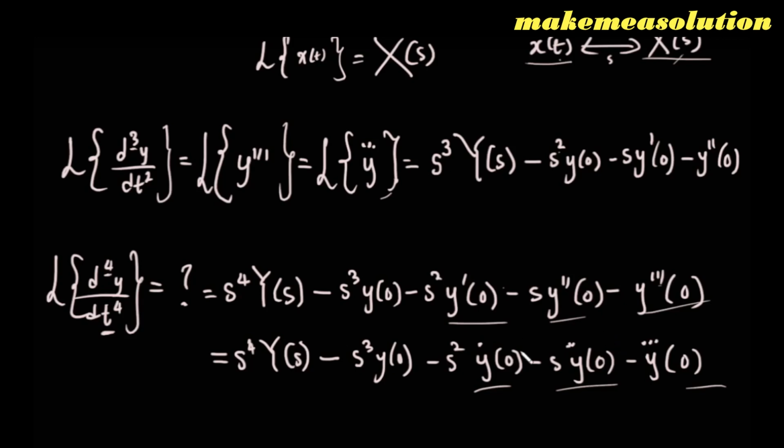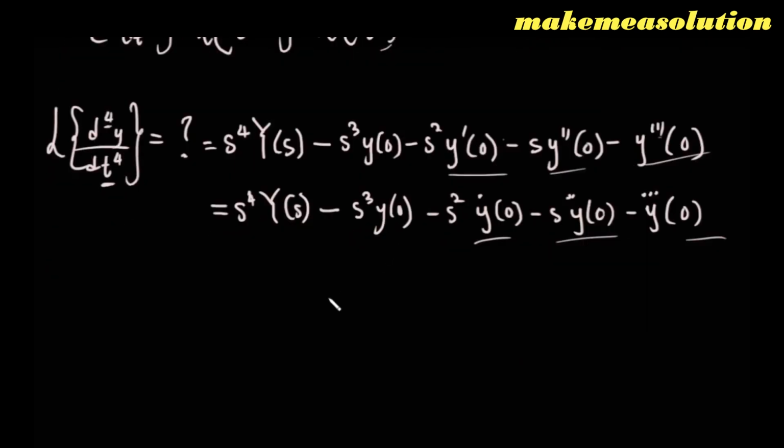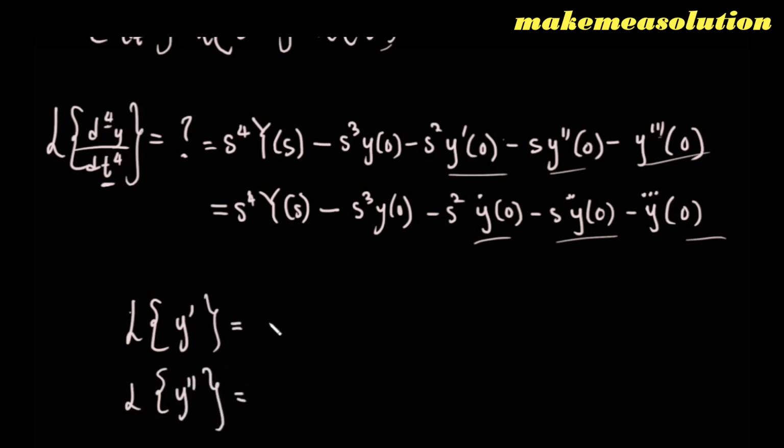So I think this is enough for the Laplace transform of derivatives. The most common ones that you're going to encounter in this course are the Laplace transform of y prime, the first derivative, and the Laplace transform of y prime prime. You should know both of them. For the first, it is s Y of s minus y of 0.